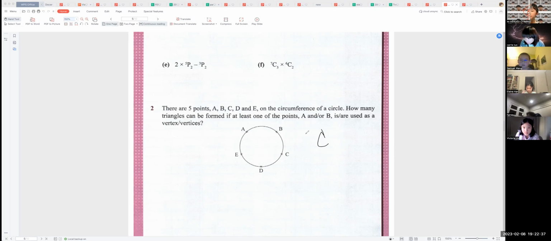So that's the start thing. Okay, we have to know it's not permutation. So now, A, B, C, D, E on the circumference of the circle, how many triangles can be formed if at least one of the points A and B is used as a vertex? OK，好，我现在已经知道 combination，我们再猜一猜，好不好？So first of all, if A and or B, what does that mean?